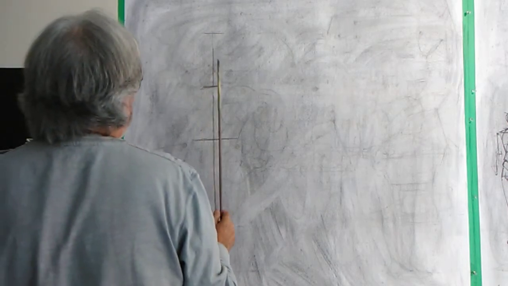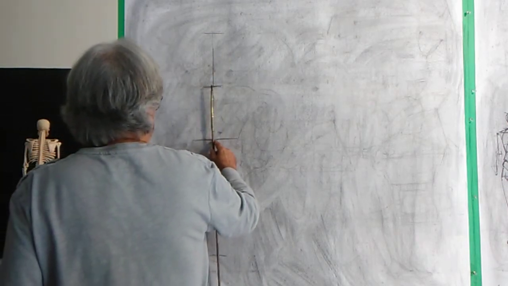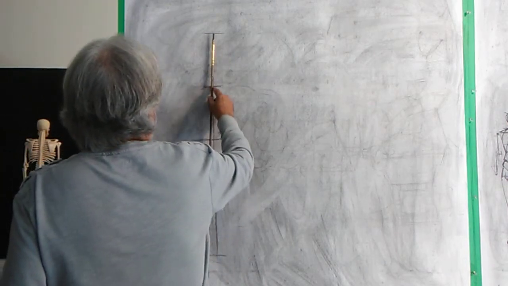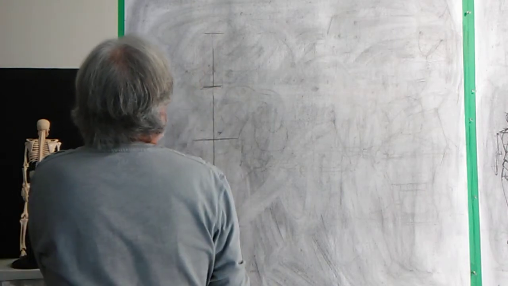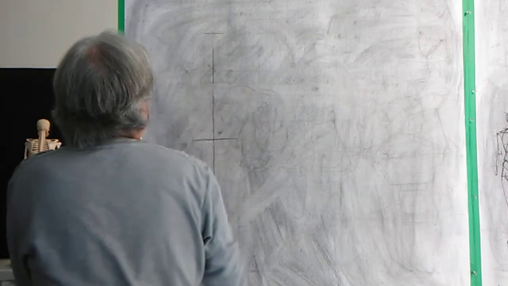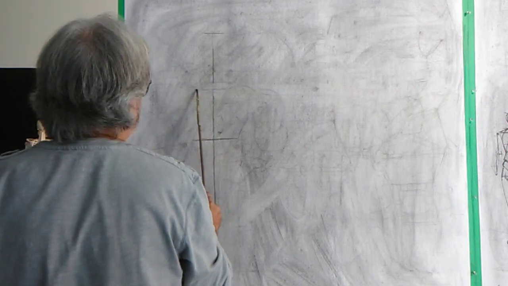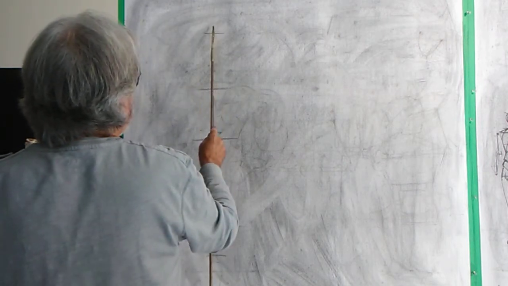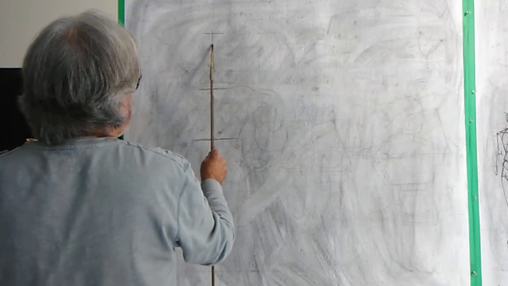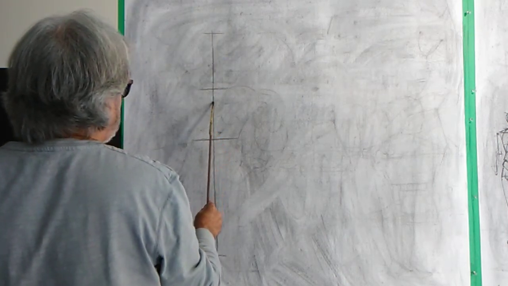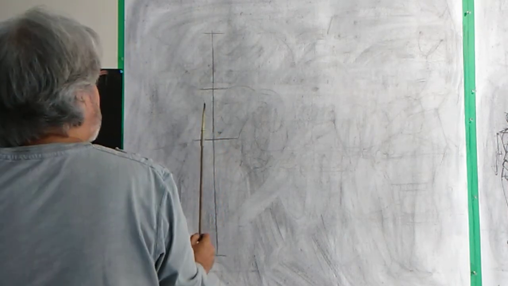Now that I think about this, I've got a pretty dead center. I am going to keep it where I had it, just a shade lower than midway. Sometimes the head looks better with this measurement when I do it. So it's just a little lower than midway.